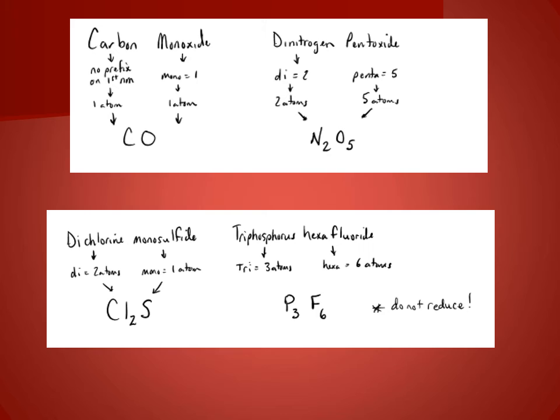The reason why is if you reduce this, it would reduce to PF2. If you did, then try and rename it, you would end up with phosphorus difluoride, and that is not this compound.